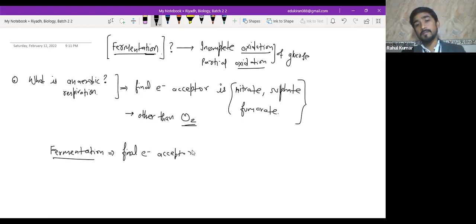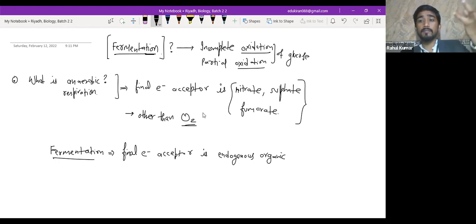The final electron acceptor is not nitrate, not sulfate, not fumarate, it's an endogenous molecule. Endogenous means which is present already inside the cell in the cytoplasm. And it is an organic molecule. It's not inorganic. Like nitrate is inorganic, correct? NO3. Oxygen is also inorganic.